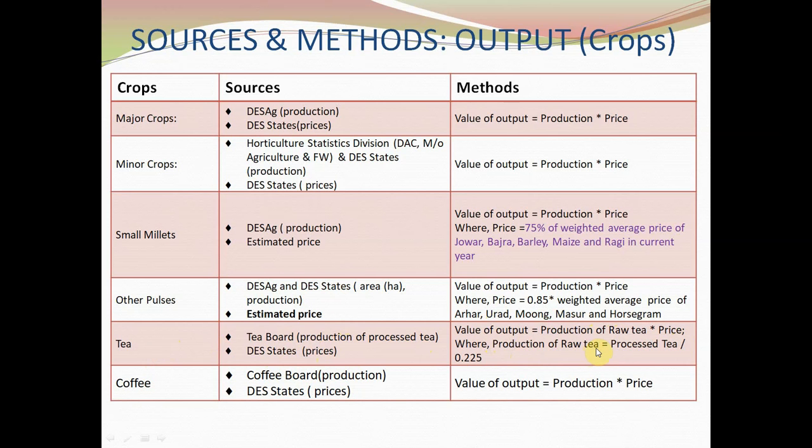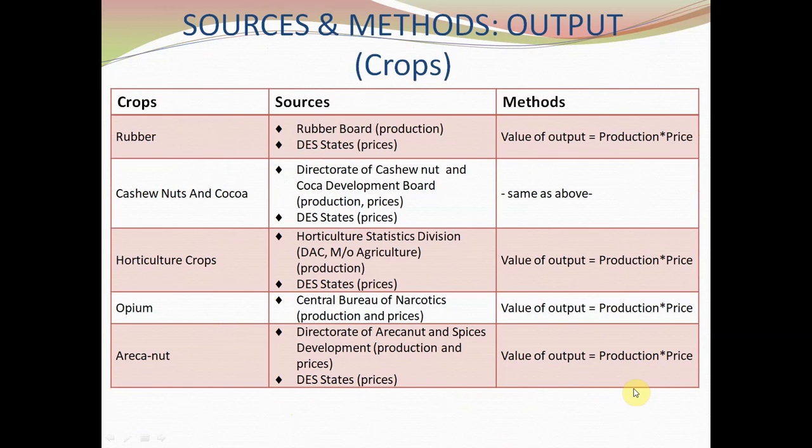Production of raw tea can be calculated by using processed tea divided by 0.225, that is, 22.5% of raw tea is total processed tea. Then coffee production data is taken from Coffee Board and prices are taken from DES states. Value of output is calculated by the same method, which is production into price.